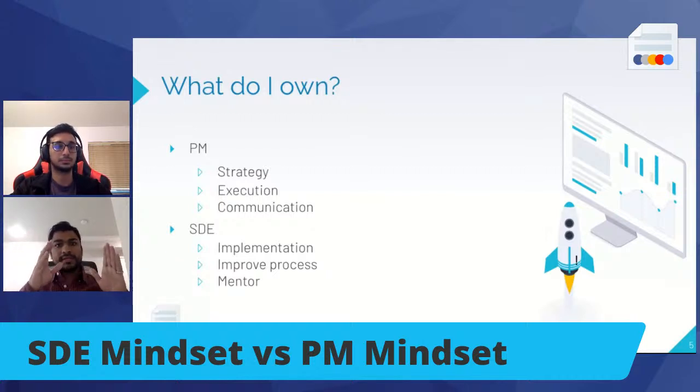Having said that, let's start with the first half. First half is basically you understand what the goals and the vision of your org are, and then you come up with a strategy to fulfill those goals. Then you present the strategy to the higher leadership.